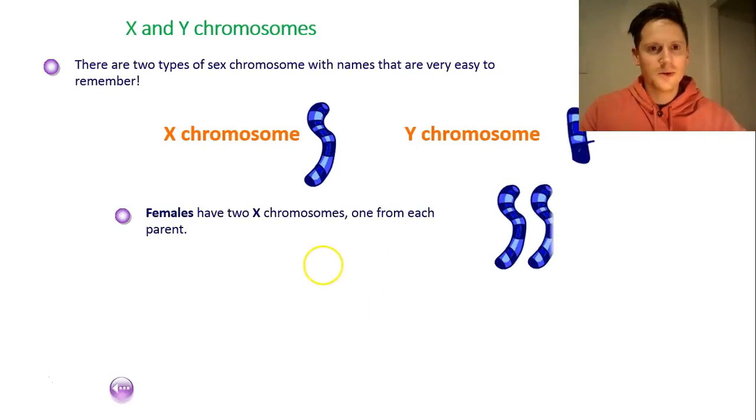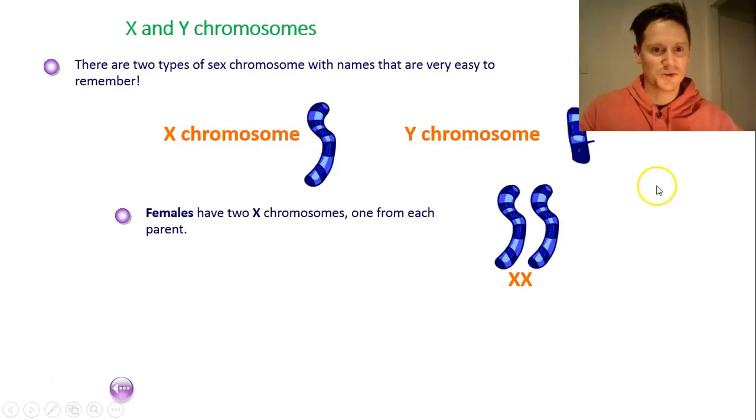Now, the chromosomes that determine our gender are referred to as the X and Y chromosomes, okay? Now, if you're a female, you're going to have 2 copies of an X chromosome. So you're going to get one X chromosome from mum and one X chromosome from dad. You can see that they look a bit different.